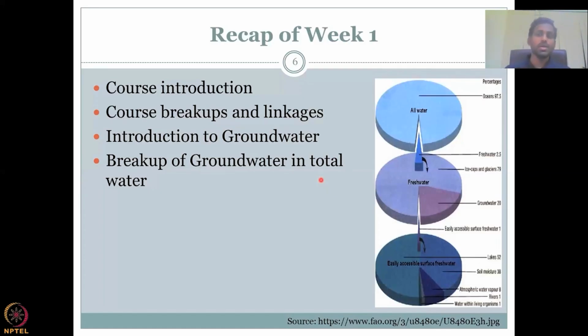So if you run the numbers, anywhere from 0.5% to 0.7% of the total water available on the planet is groundwater that can be easily accessed. So of the fresh water, groundwater still is the biggest contributor. And so that is why there is tremendous stress on groundwater for agriculture, domestic use, industrial use, you name it, groundwater is being exploited.